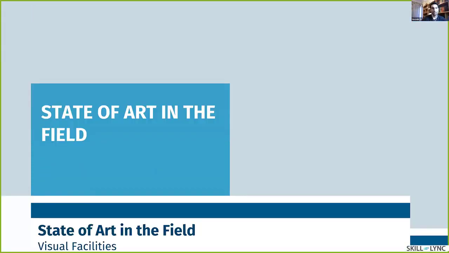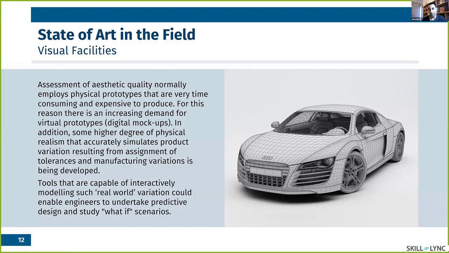Because of so many demands in reputable companies like, for example, BMW or Mercedes-Benz or Airbus, Boeing, the designers would have a visual facility to see the appearance of the product better.